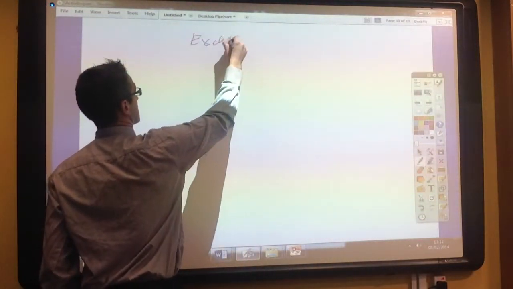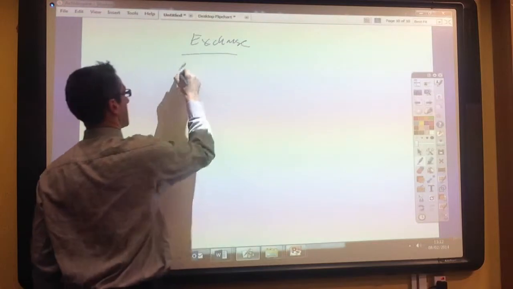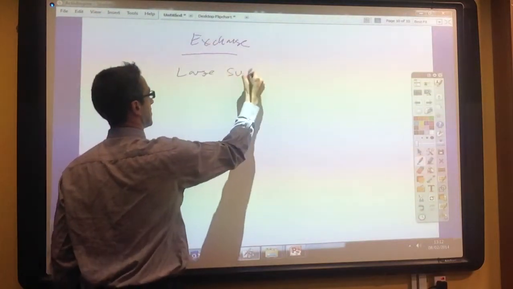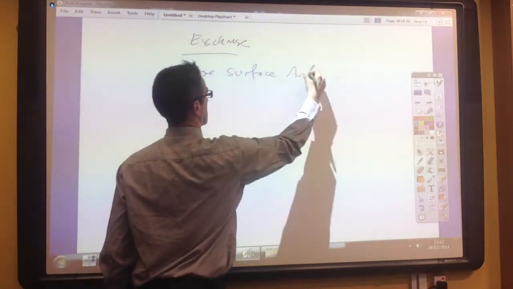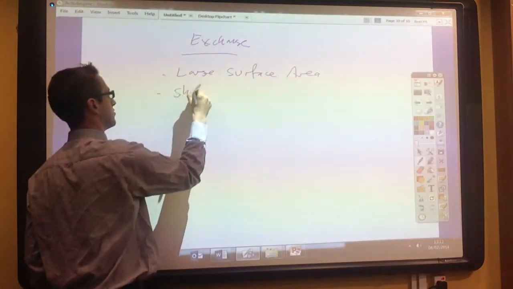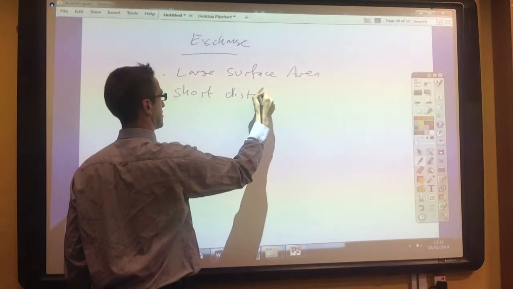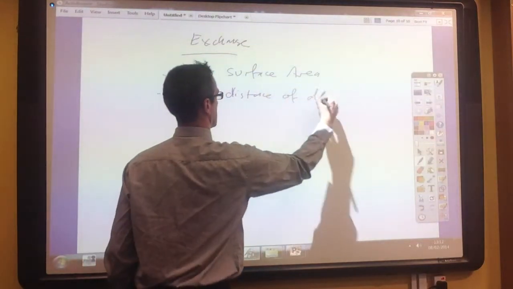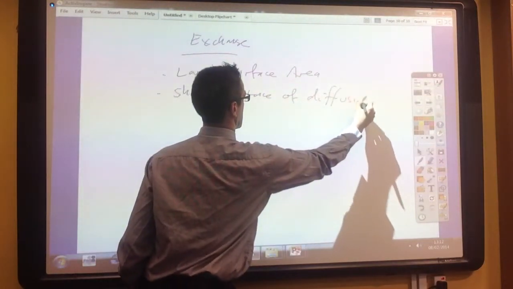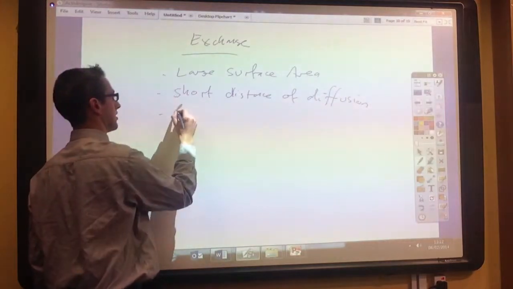Maximise exchange by a large surface area. Short diffusion distance. And also good blood supply.